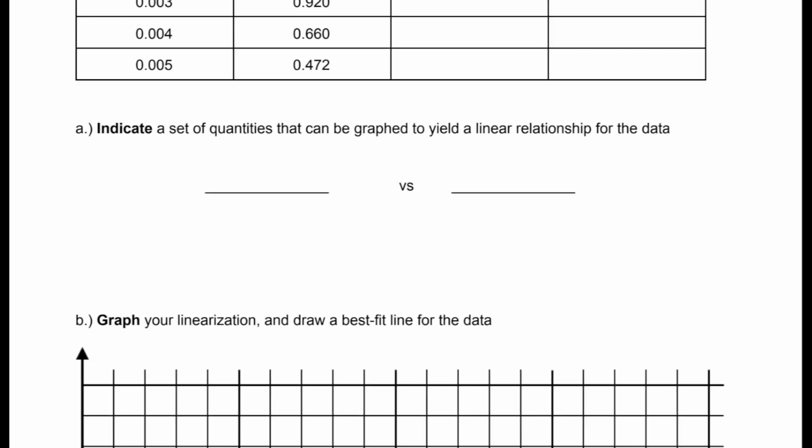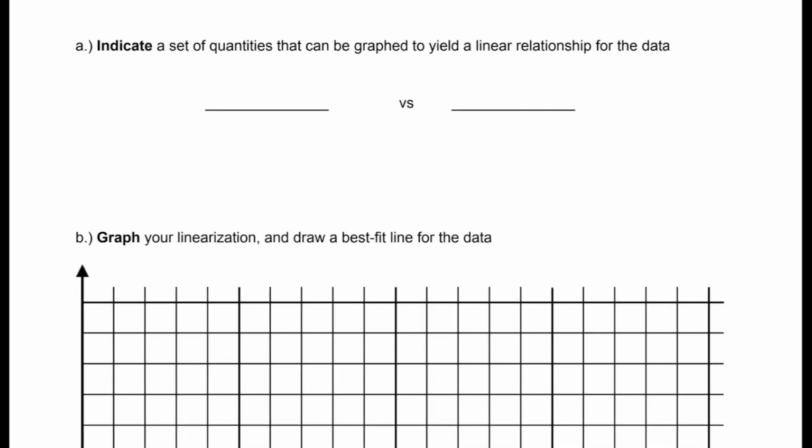So again, if I were to write that in y equals mx plus b form, I would get the natural log of the current is equal to negative 1 over tau times t plus the natural log of I0.